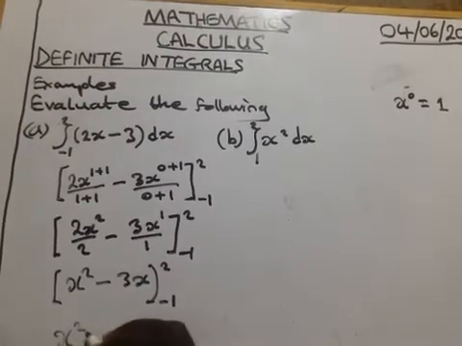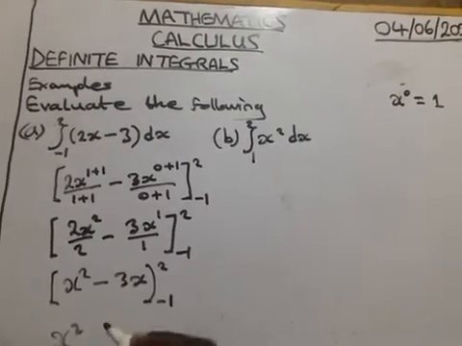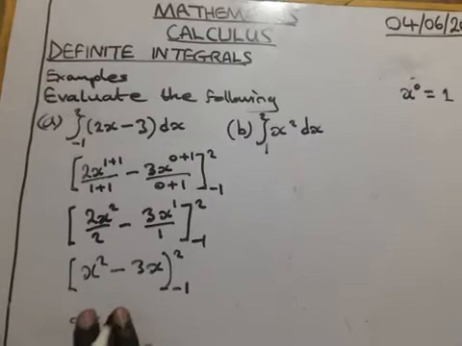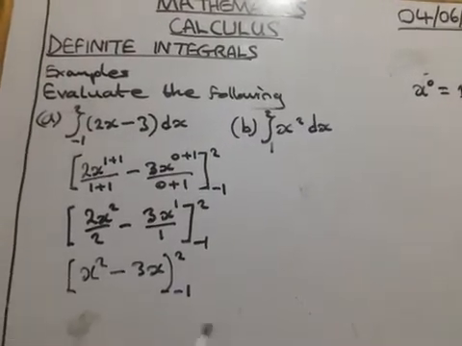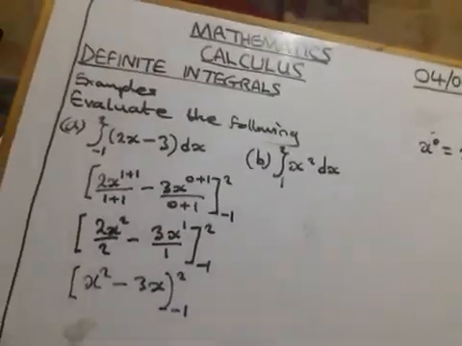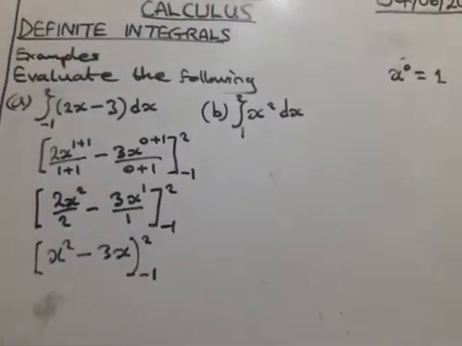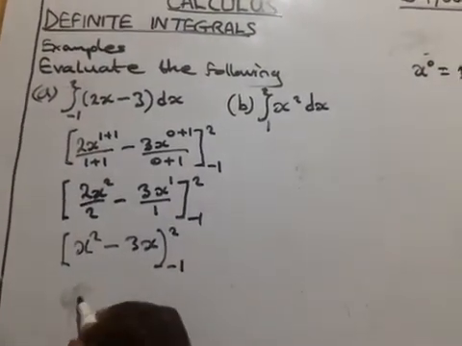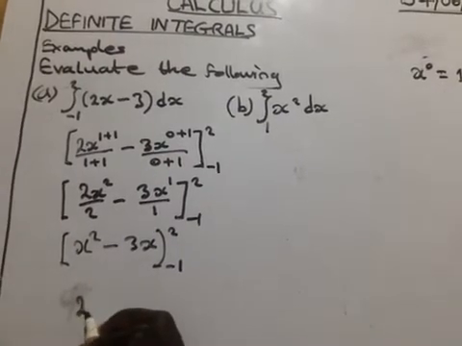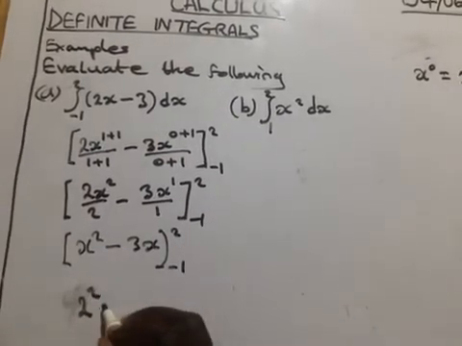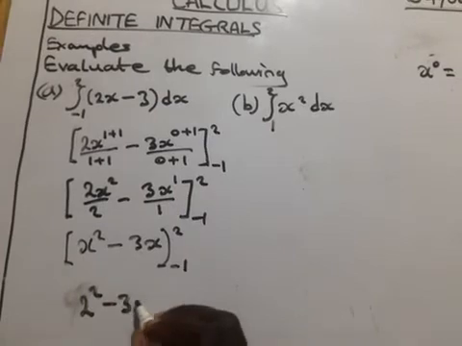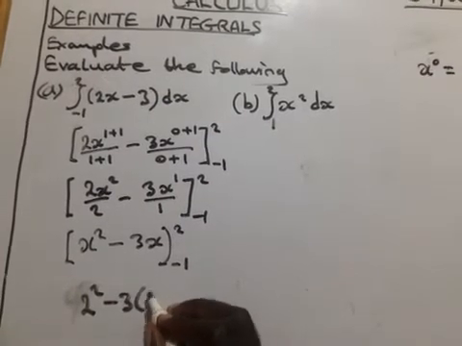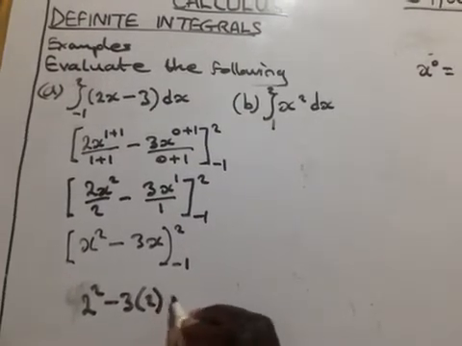So since we are saying where there is x, we replace the upper limit, this one will be 2 to the power 2 minus 3, where there is x you replace 2.